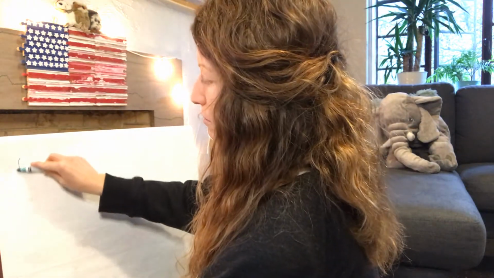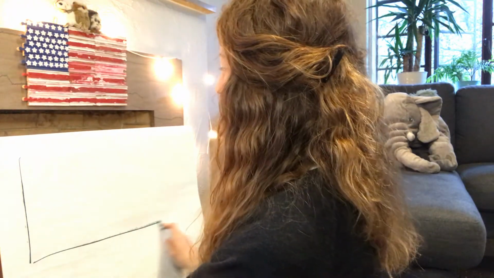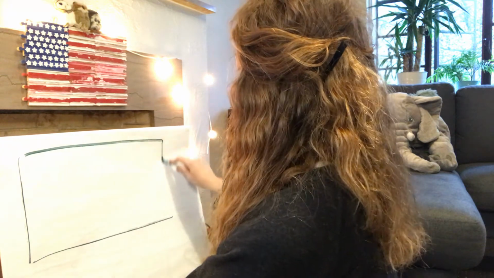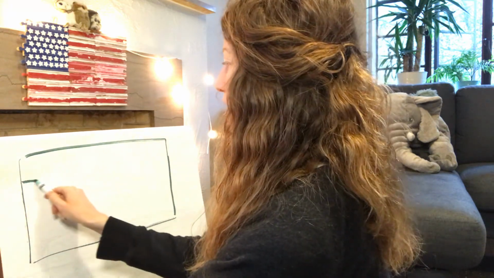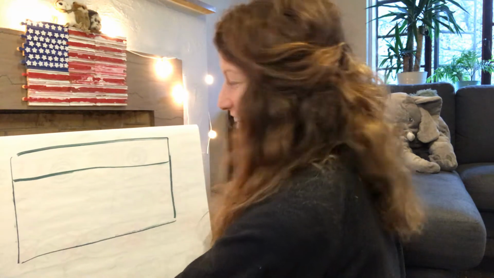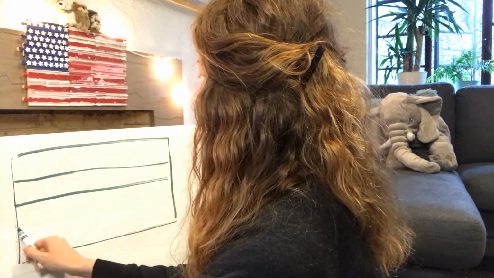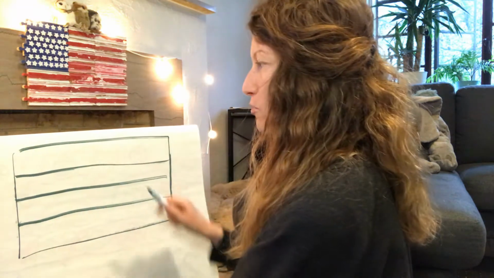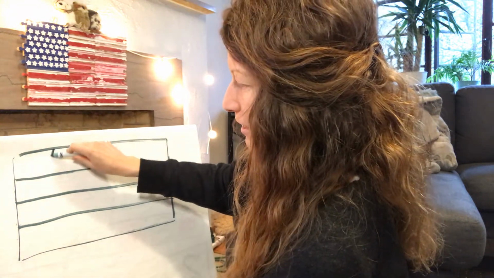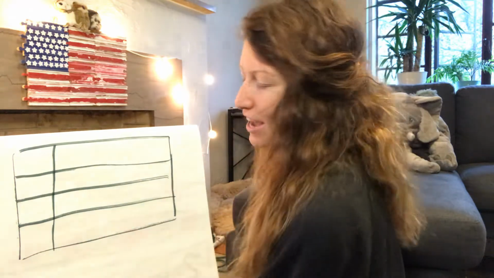So I'm going to start by making a really big rectangle and make sure that inside my rectangle I have 4 lines. 1 line, 2 lines, 3 lines, and 4 lines. And over here, we have our area.